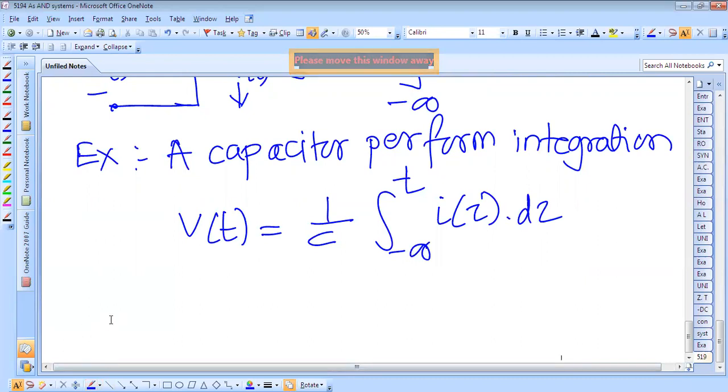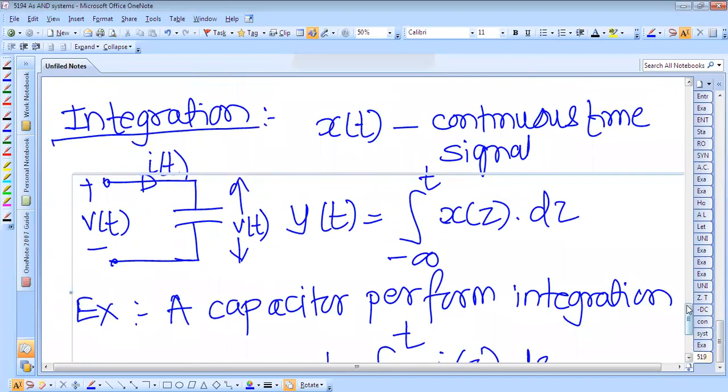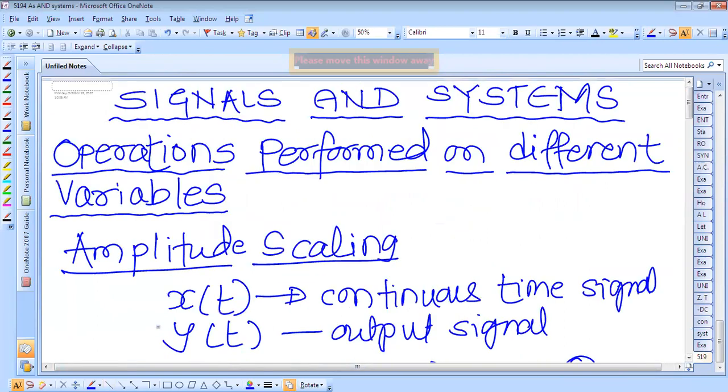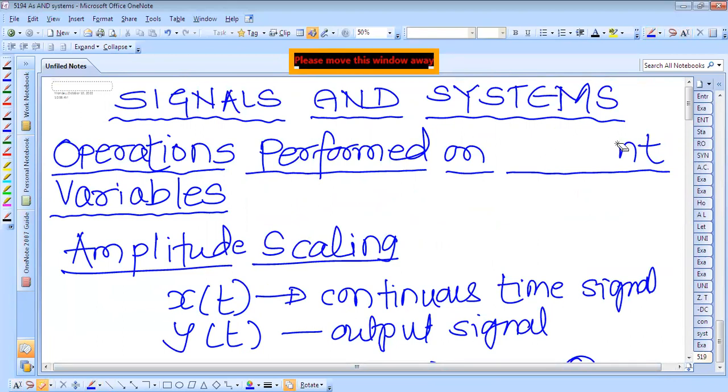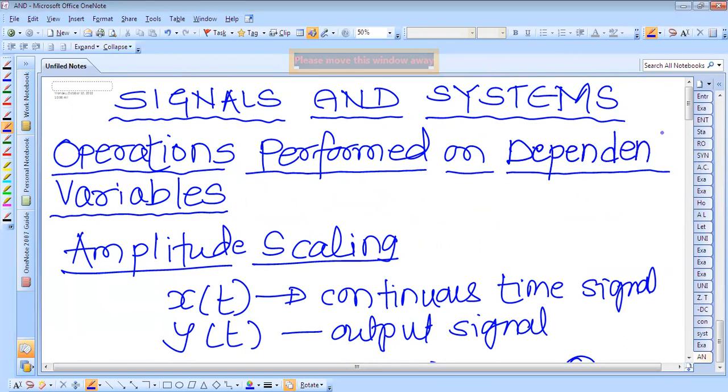Next, we have considered the operations performed on the dependent variable.